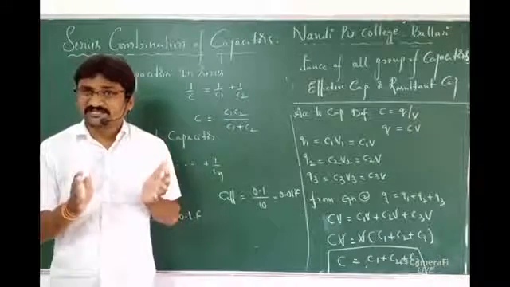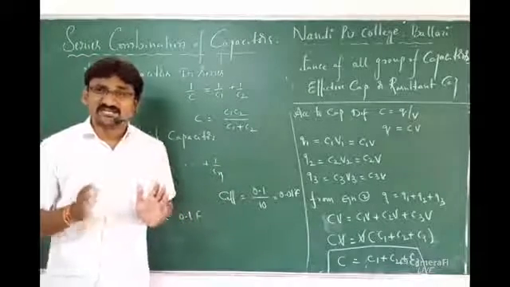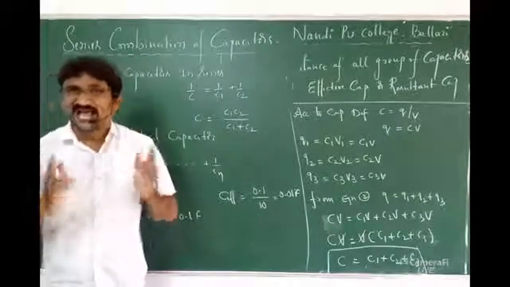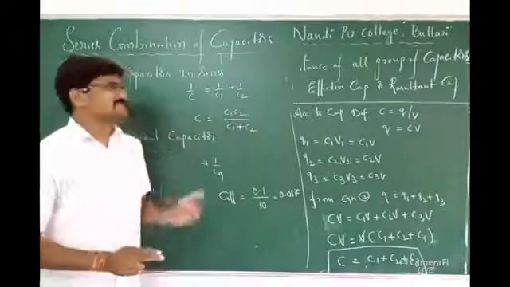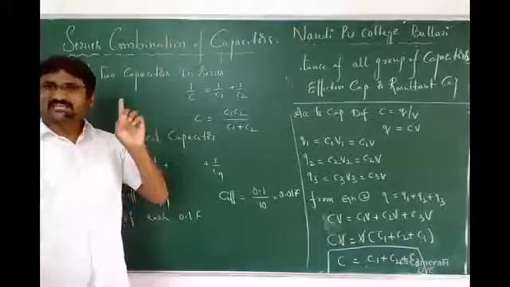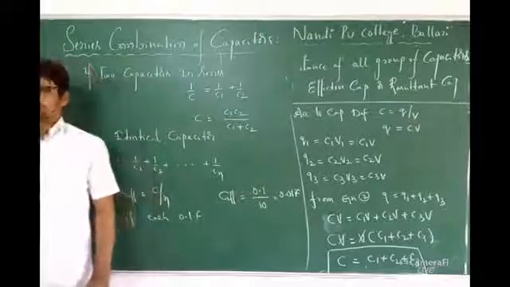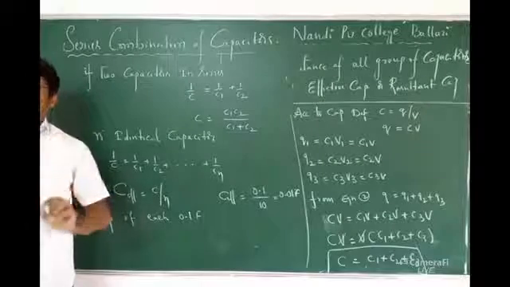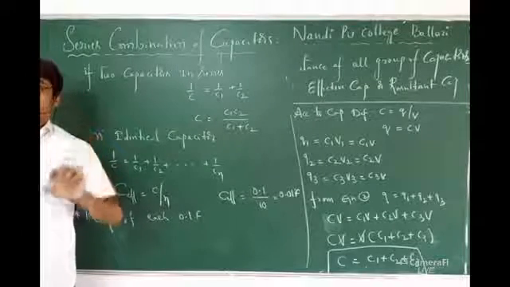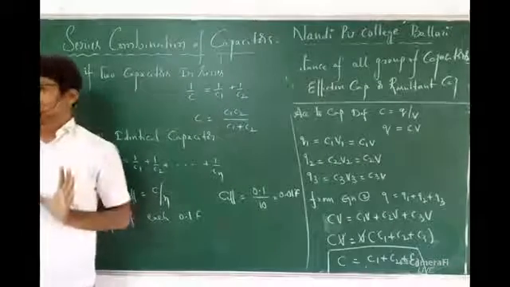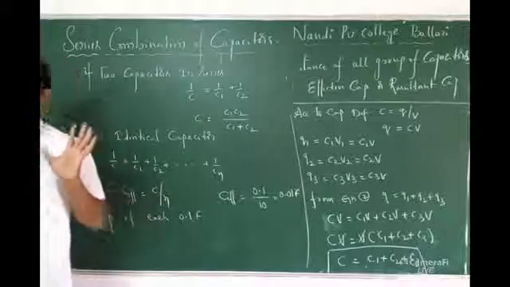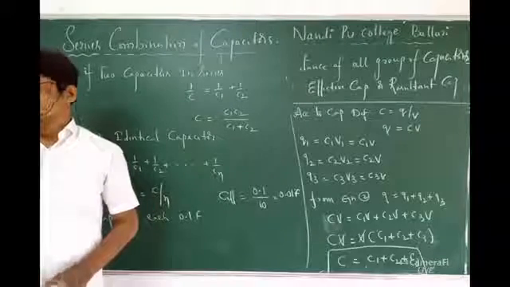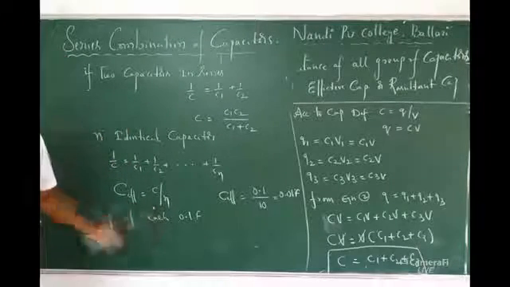So whenever I need the least value of capacitance, I should give preference to the series combination. It's a very important point: in series combination, the effective value is always less than the individual capacitance. So this is the series combination.